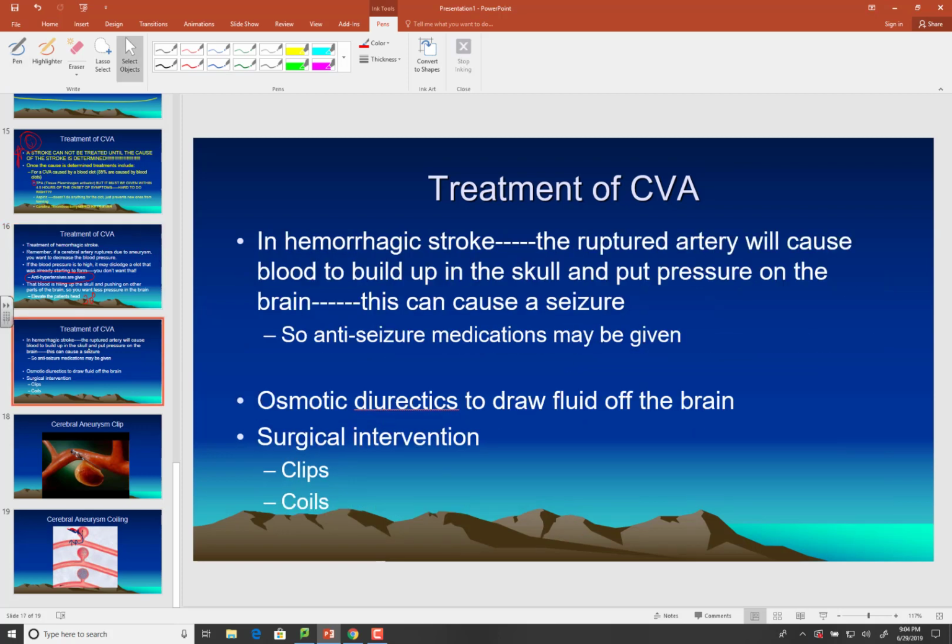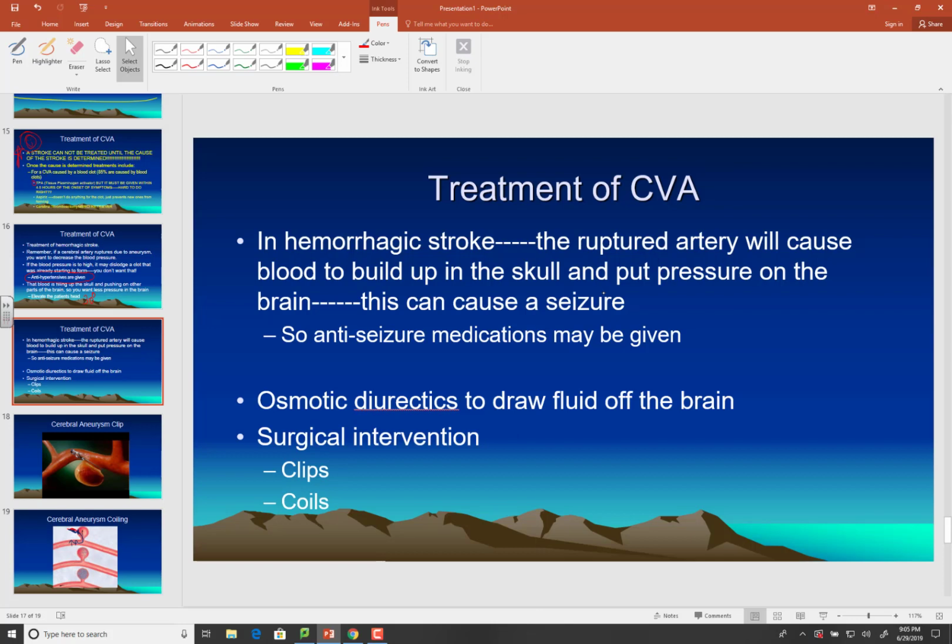So in addition, doctors may give some anti-seizure medication to prevent seizures. The other thing they can do is use osmotic diuretics to try to draw fluid off the brain and into the blood and get rid of it that way. Again, that's very temporary. But if they know they're bleeding and they can't stop the bleeding with medications, then they have to do surgical interventions.